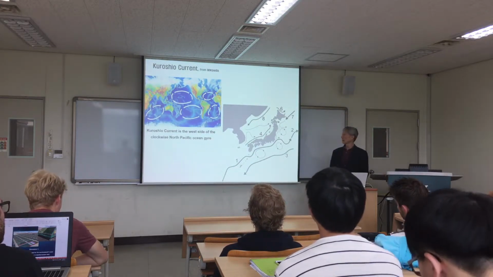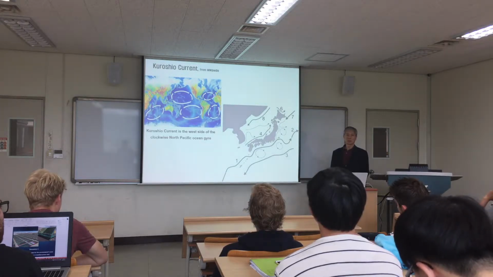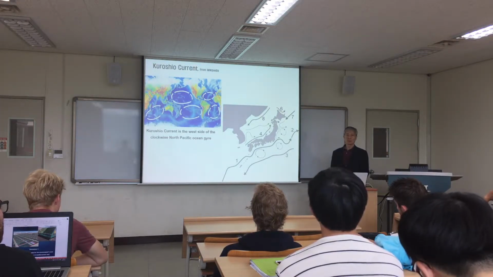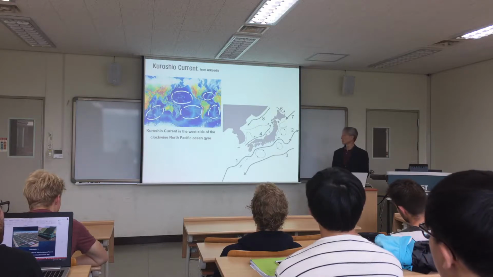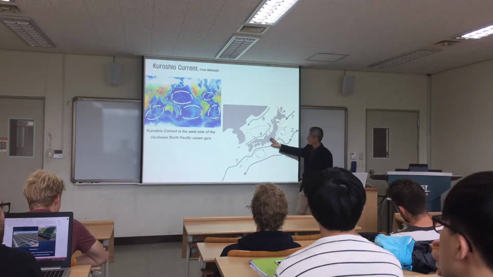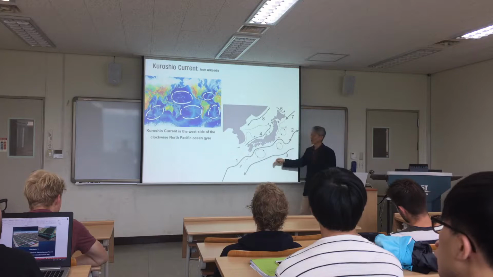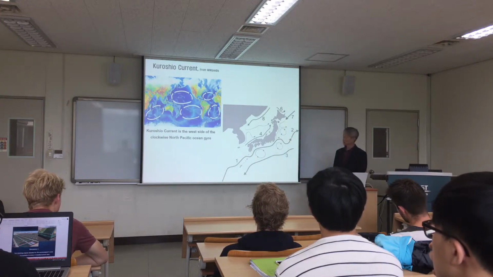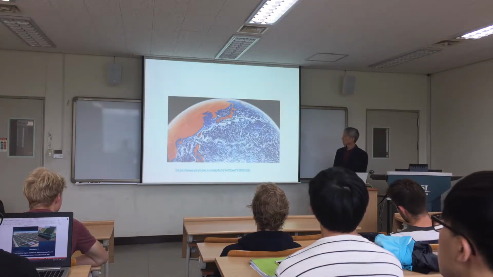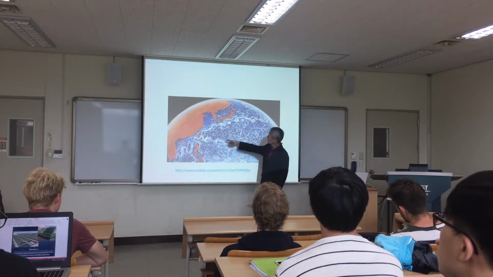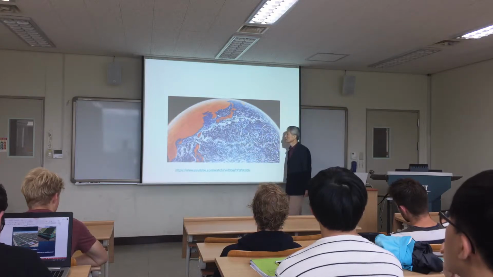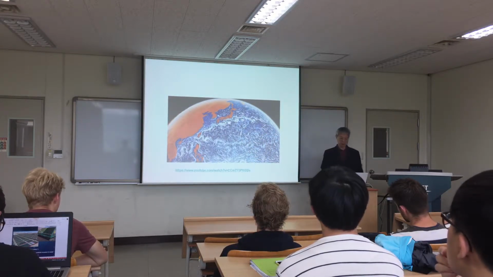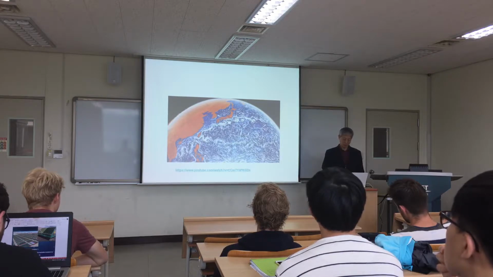So there are researchers in Philippines, Thailand, and also Taiwan and Japan. They want to use this strong current to convert it into electricity. All right. Once again, you can see that Kuroshio current running on Pacific. We saw this video before.